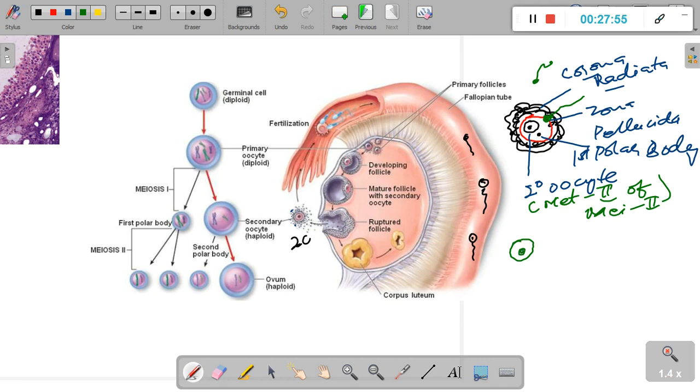One cell is large, but the other forms again a very tiny structure, right? So the secondary oocyte has now formed a large cell with most of the cytoplasm and all the organelles that it had, and it forms another small cell just like the first polar body, and this smaller cell is called the secondary polar body. And this structure here, the secondary oocyte that has now divided, is the egg or the ova, the mature egg or the mature ova.